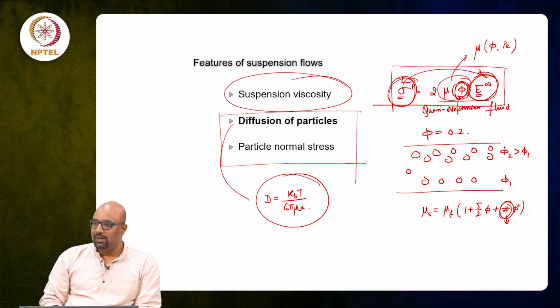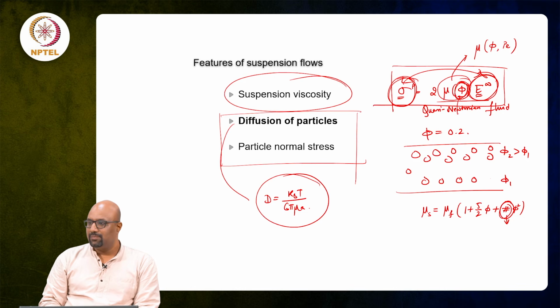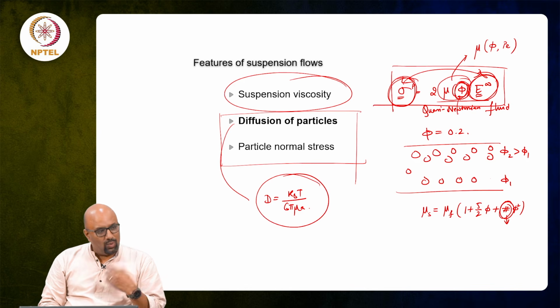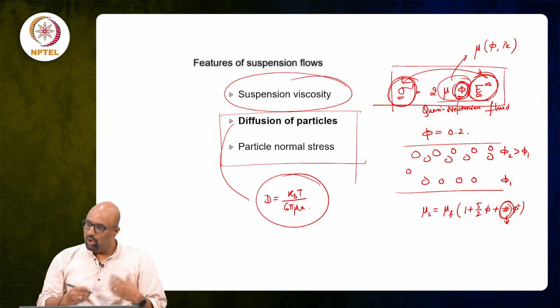viscosity here. Now, if the volume fraction was a constant, not a function of spatial coordinate, then mu is also a constant. It takes a number that is different from the solvent value, but it is also a constant. Now, what would determine the distribution of volume fraction basically comes from how the particles are distributed. So, should the viscosity, which is a function of the volume fraction, also be a spatial function?